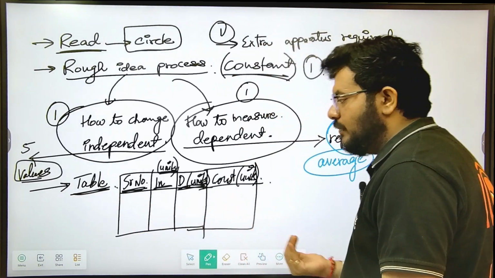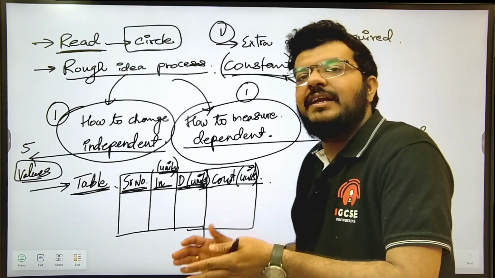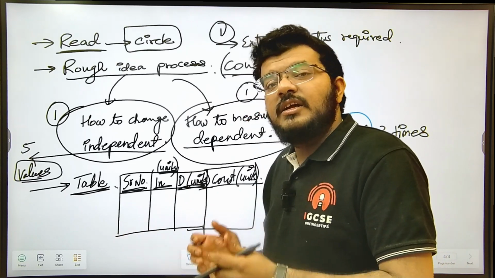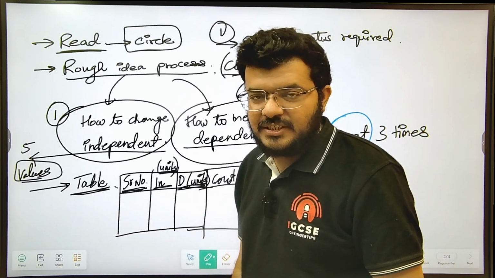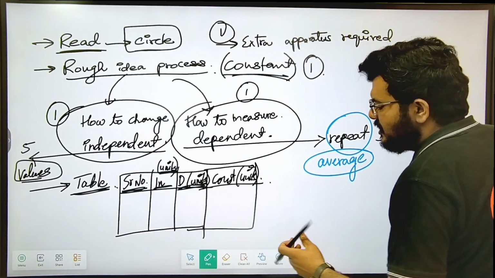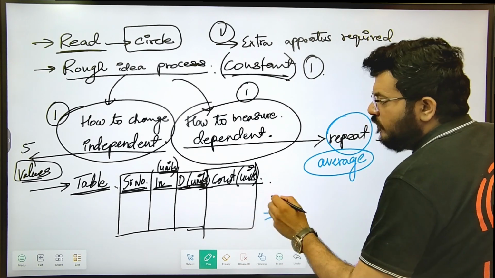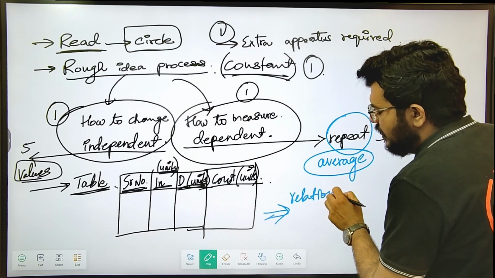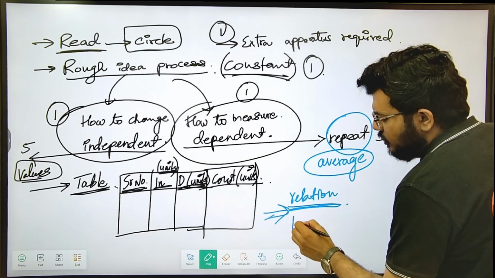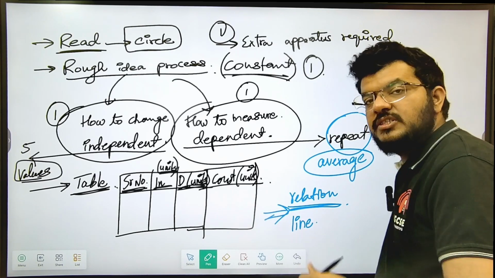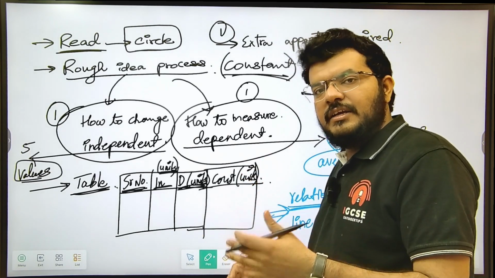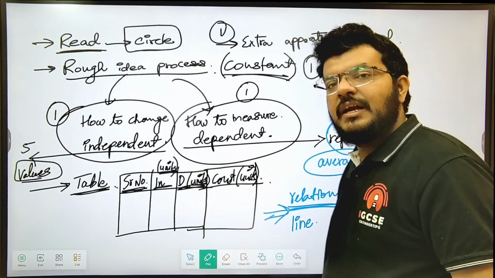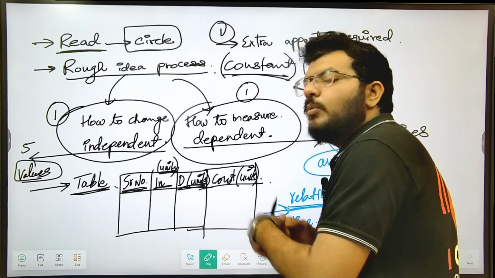Once you have the table, generally the question is about plan and investigation. If you plan an investigation, you should be able to comment on how you would conclude this whole investigation, correct? So the last step, if it is a relationship between variables a and b, is to draw a line graph. If it is a straight line, they are related. If the points are scattered, they are not related. If it's a straight line going up, they are related positively, right?